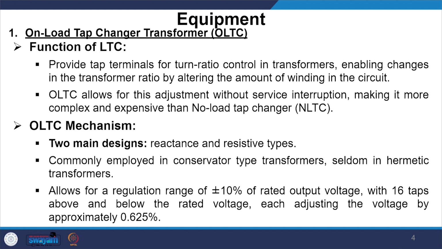Commonly employed in conservator type transformers, seldom in hermetic transformers, it allows for a regulation change of plus or minus 10% of rated output voltage with 16 taps above and below the rated voltage, each adjusting the voltage by approximately 0.625 percent. Which means the number of steps n multiplied by 0.625 will give you the amount of voltage being actually adjusted.